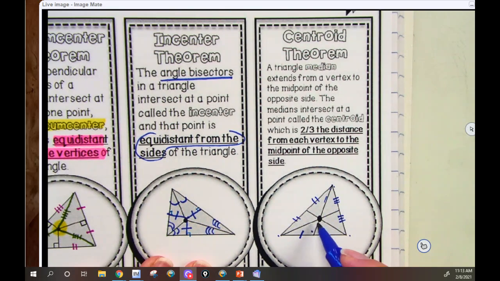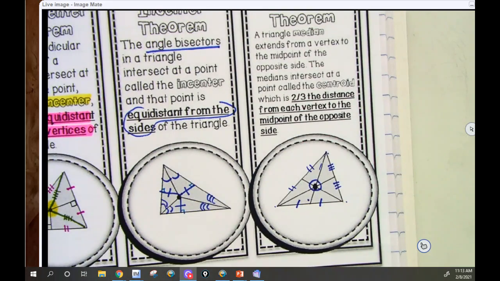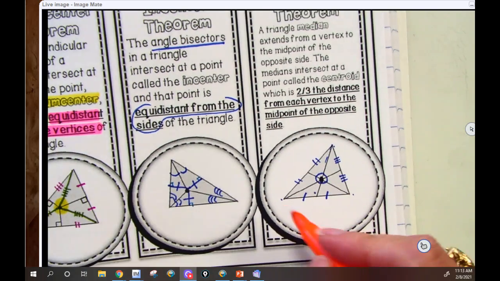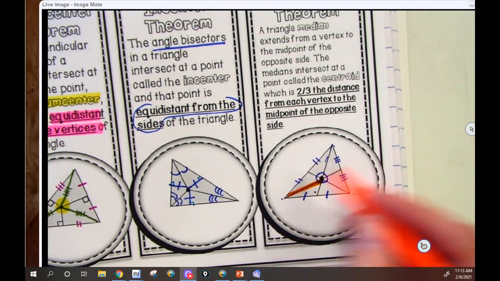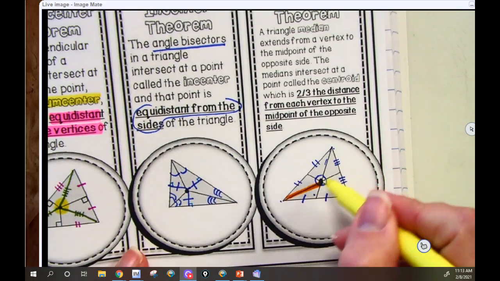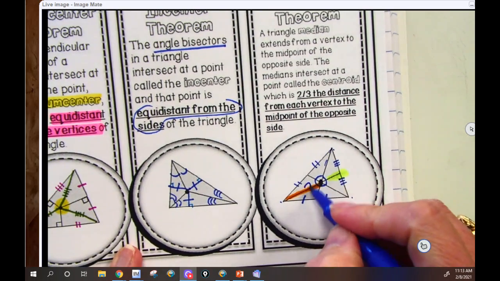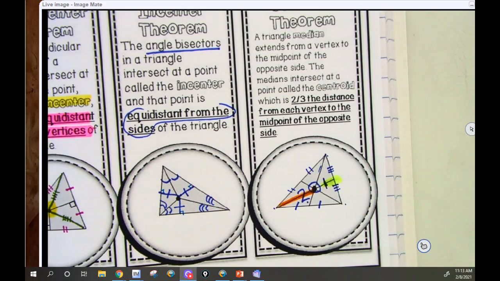And this point right here is what's known as the centroid. And what that does is divides each of those segments into thirds, where this one is twice as long as this one.